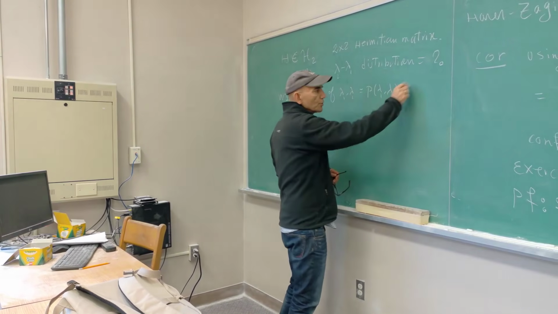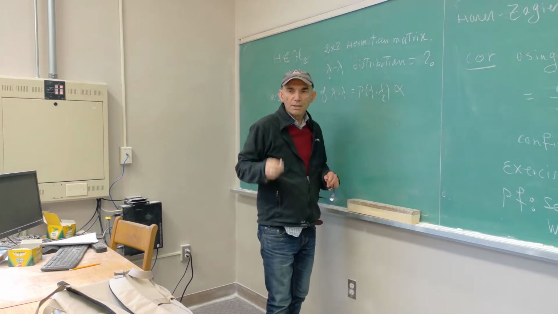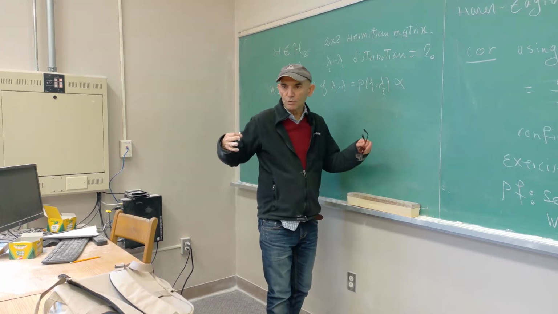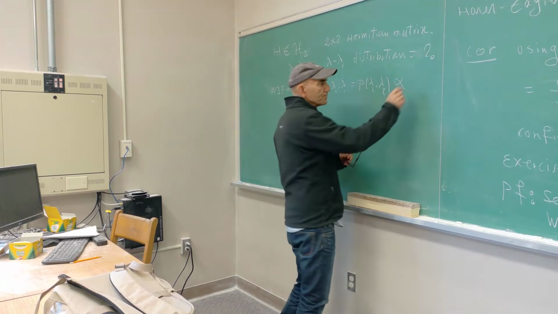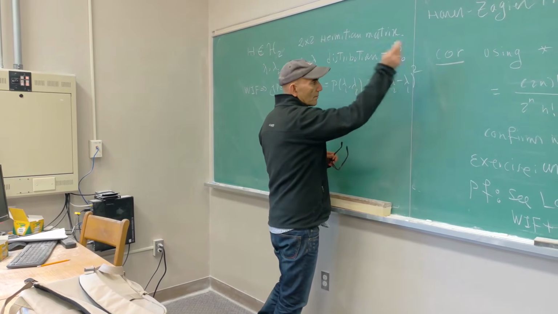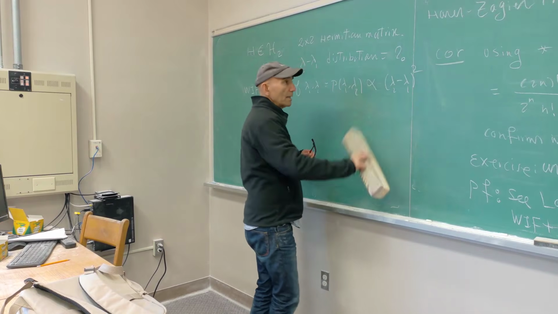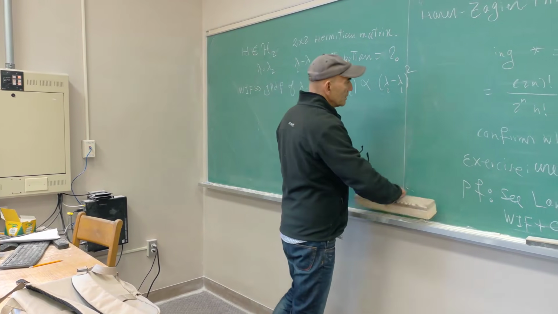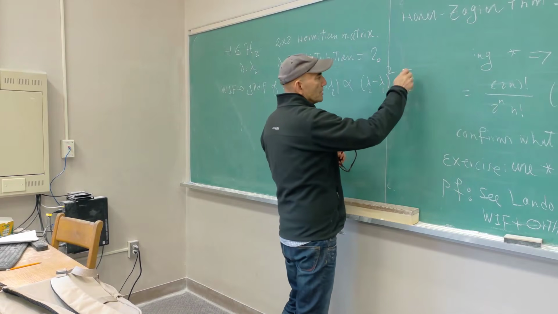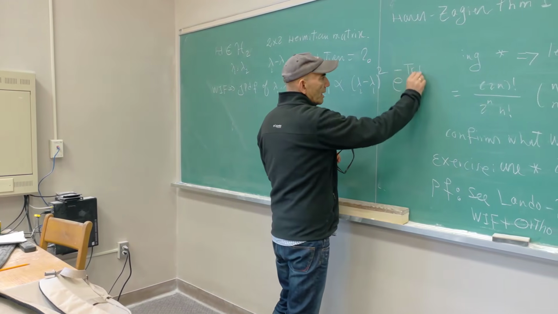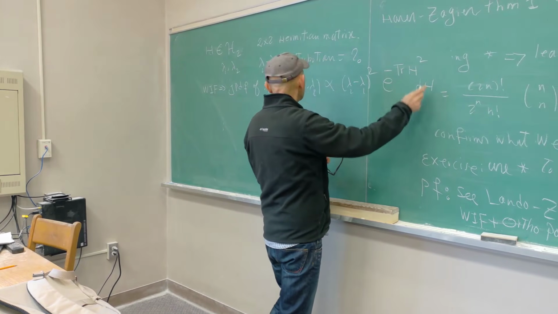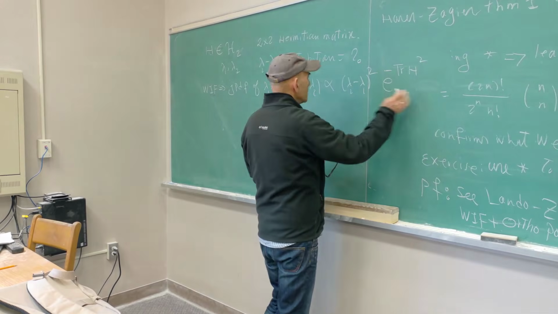This is proportional to a factor of (lambda 2 minus lambda 1) squared. This Vandermonde determinant is only one term. And then there is this Gaussian term, which is the exponential of minus the trace of H squared.